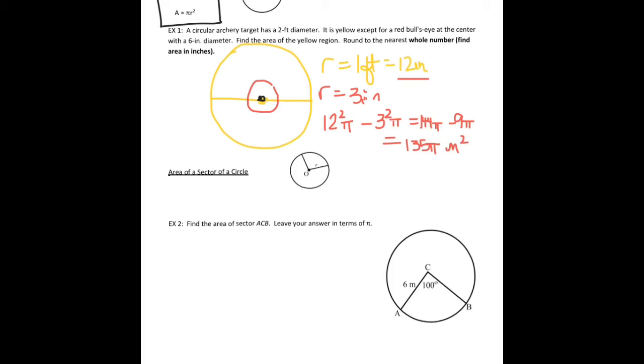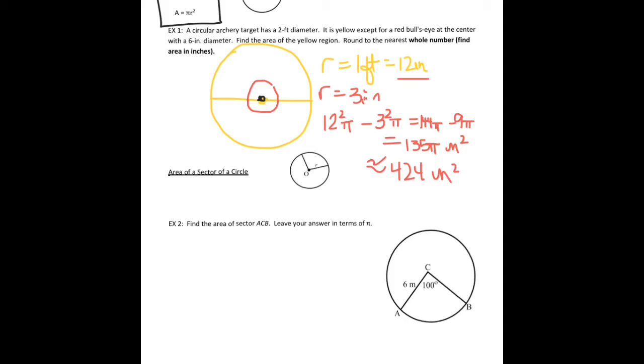Now, if I wanted to turn that 135 pi into an actual number, I get about 424 inches squared.